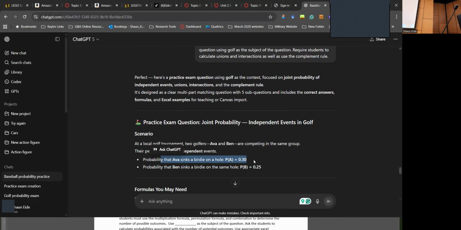Oh well, I tried. So you've got Ava at 30%, Ben at 25%, and then you've got the overlap. How do we determine what that overlap is? That's called joint probability.